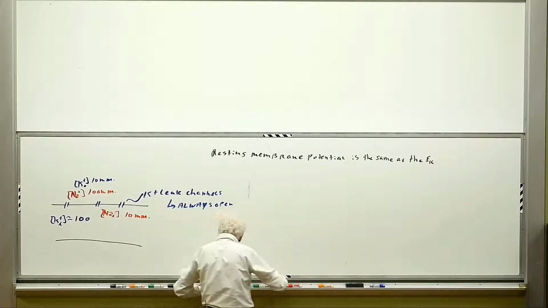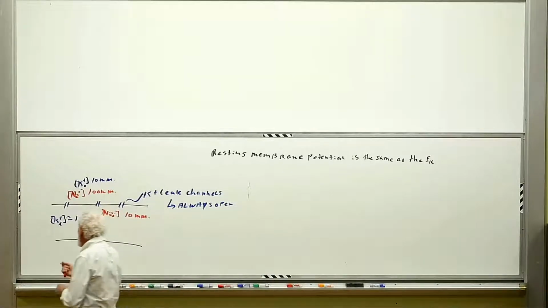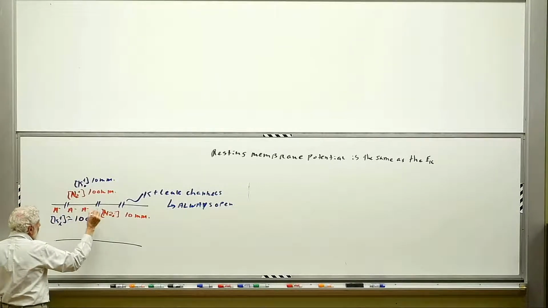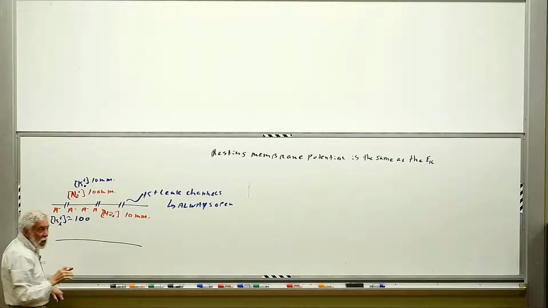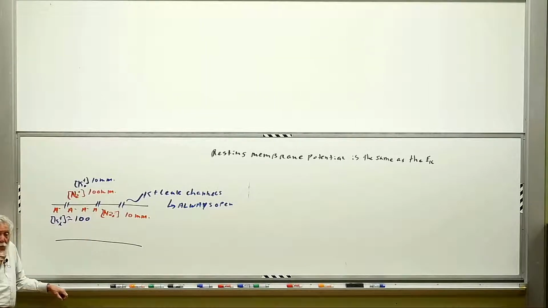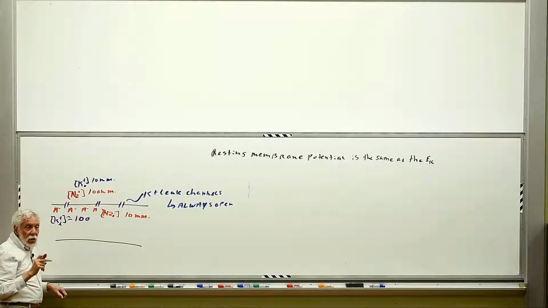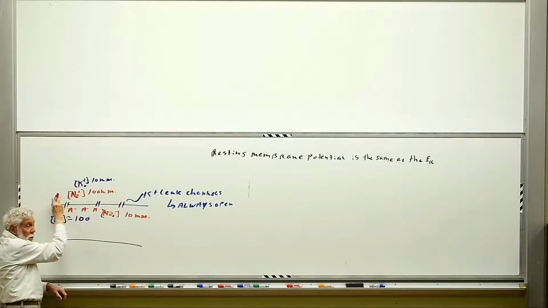The way we finished yesterday was we said that on the inside of the membrane, we had these large negative anions. They were impermeant. They couldn't go anyplace. They were stuck. And we invoked them for setting up the charge difference across the membrane. We said that what would happen is that this potassium would begin to run down its concentration gradient, going from high concentration to low concentration.